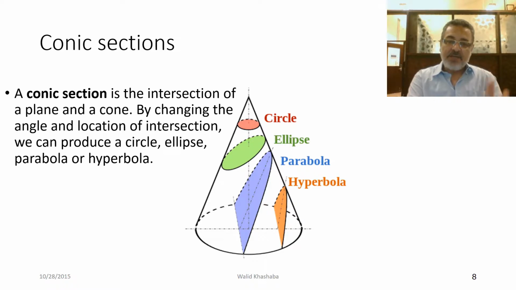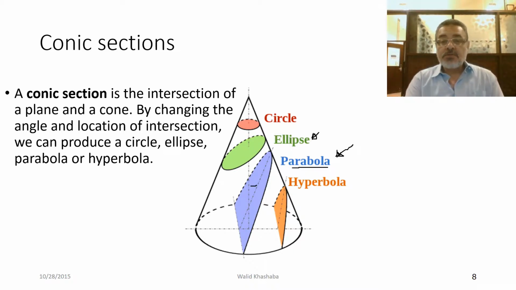If the incline of the plane is steeper than the ellipse, we will have a parabola. A parabola is this figure, which, as you can see, could be upside down or in a U shape.